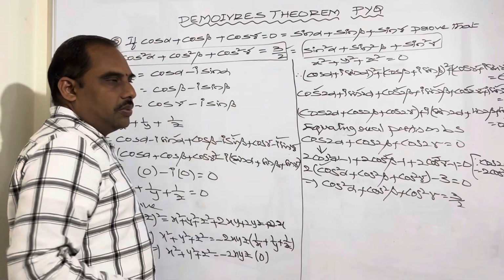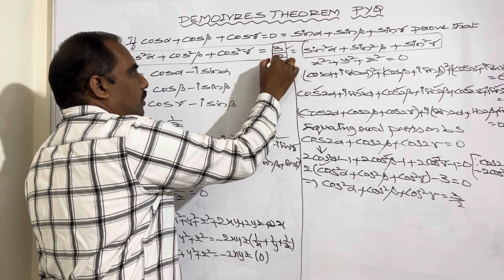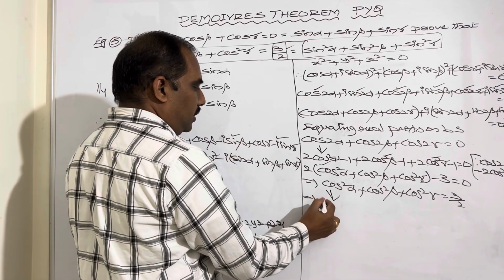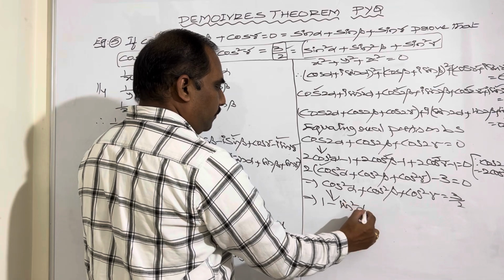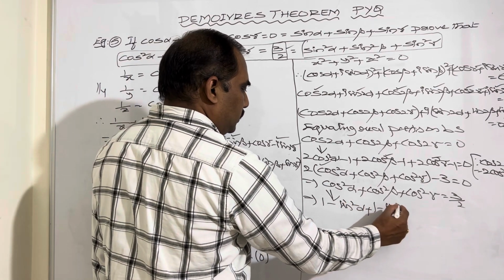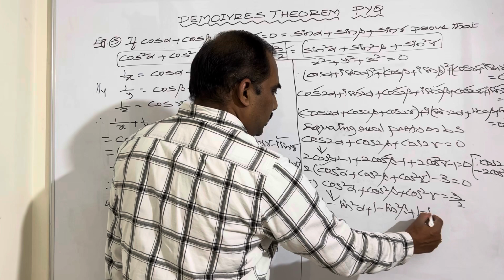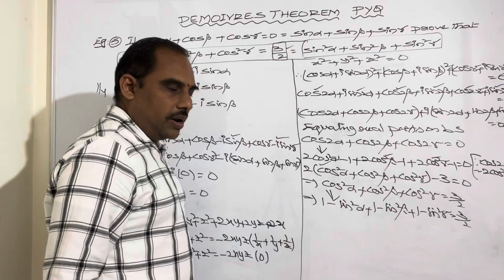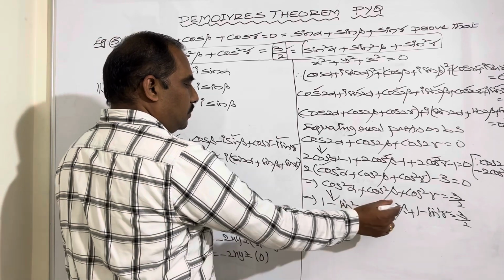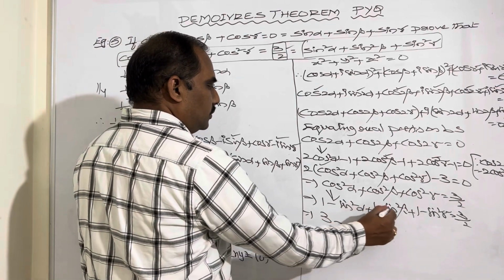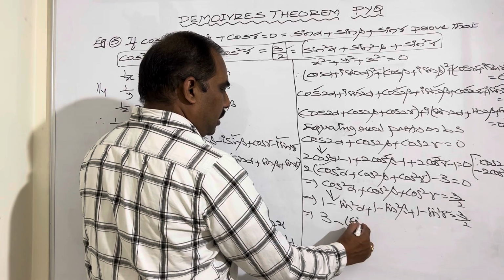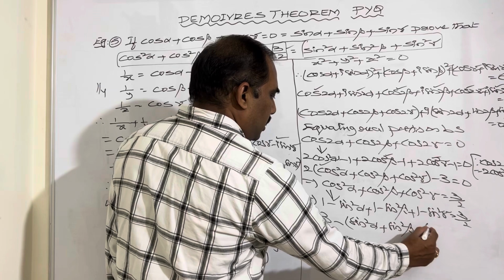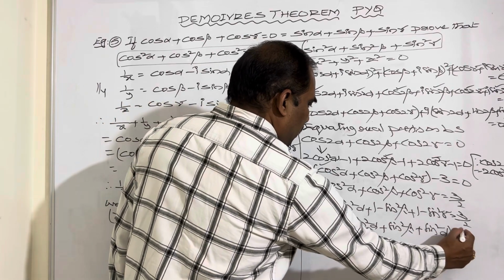Again we have to prove that sin square alpha plus sin square beta plus sin square gamma is also equal to 3 by 2. For that purpose, cos square alpha we can write as 1 minus sin square alpha from the identity, 1 minus sin square beta and 1 minus sin square gamma, which is also equal to 3 by 2.